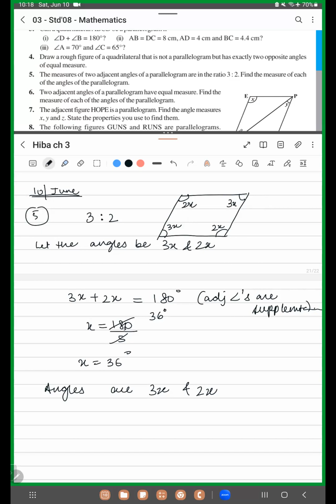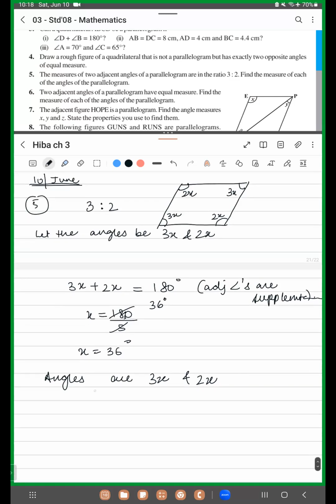Since it is 3x, we will write 3x is equal to 3 multiplied by 36. Exactly. And that is? It is 108. And what about 2x?